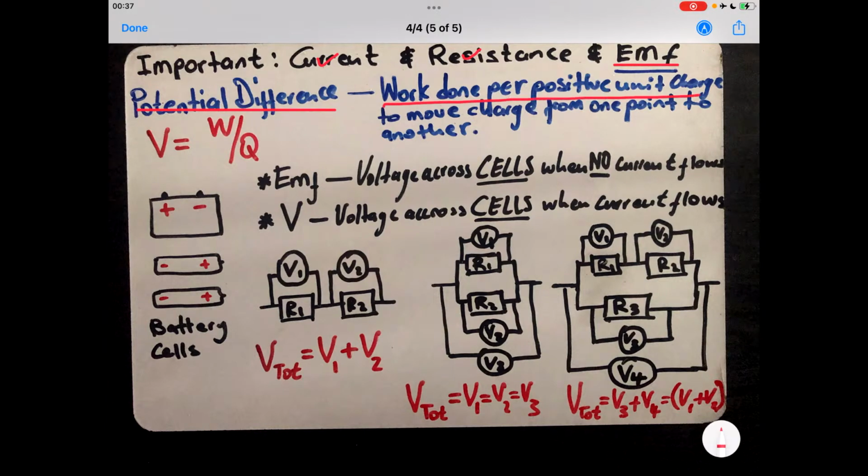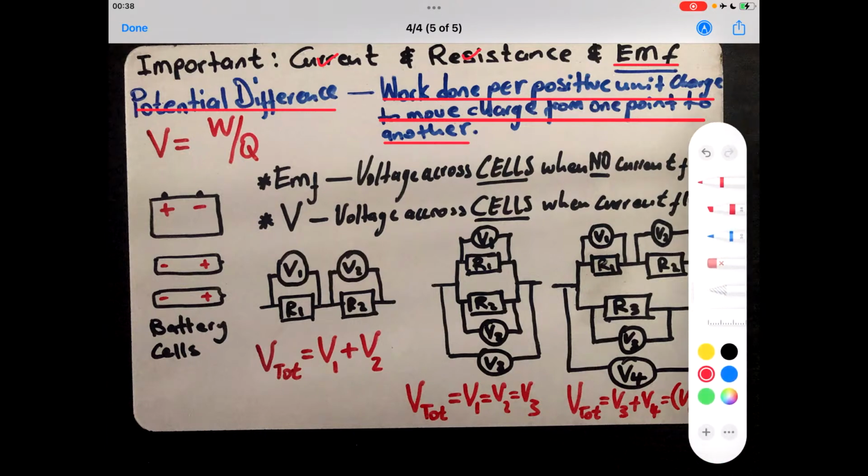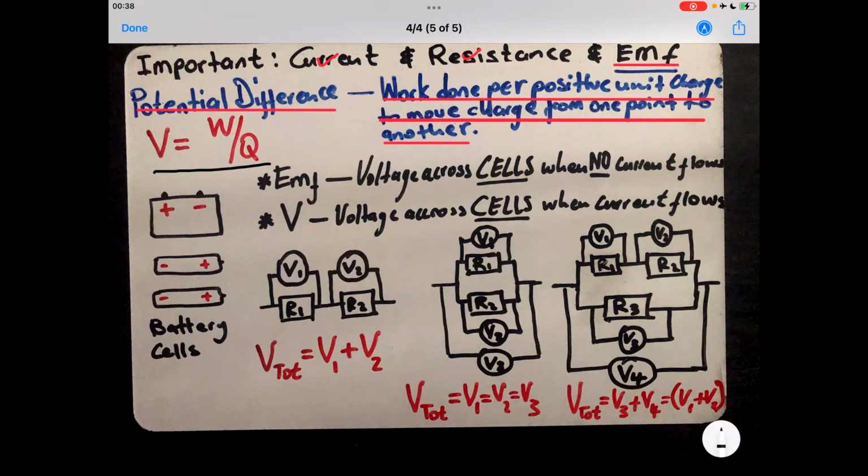Just in case it comes in multiple choice type questions, remember that it might be given to you as a definition and you just need to choose. So here is the formula, honorable members, which says V, being the potential difference, equals W for work over charge. That is the formula for calculating the potential difference.